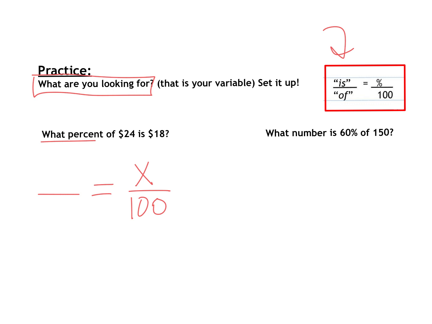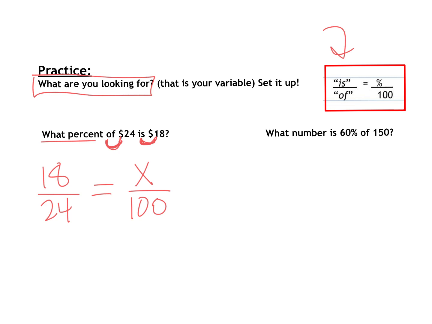So the is, which is the part, goes on the top, and usually the word is attached to the part either before or after, and then usually the of is attached to the whole either before or after. For this one it makes sense because we're taking the percent of 24, so that's the whole number, and we get 18, so that's the part. Okay, then we're set up with a proportion.